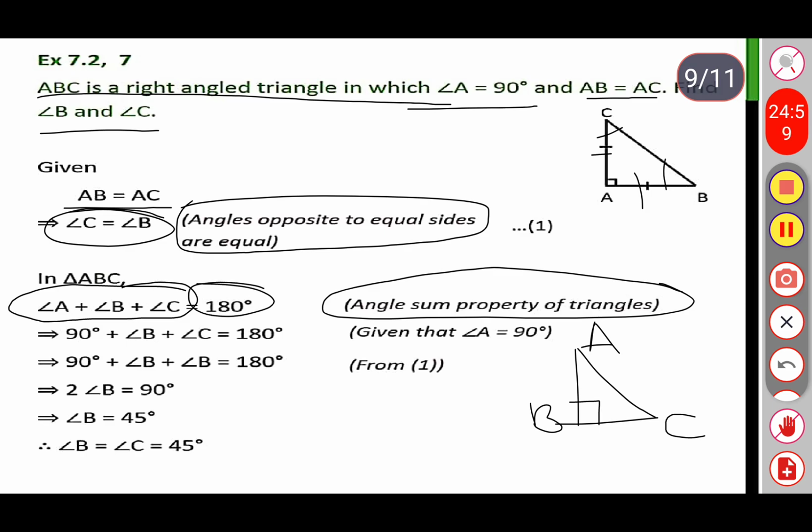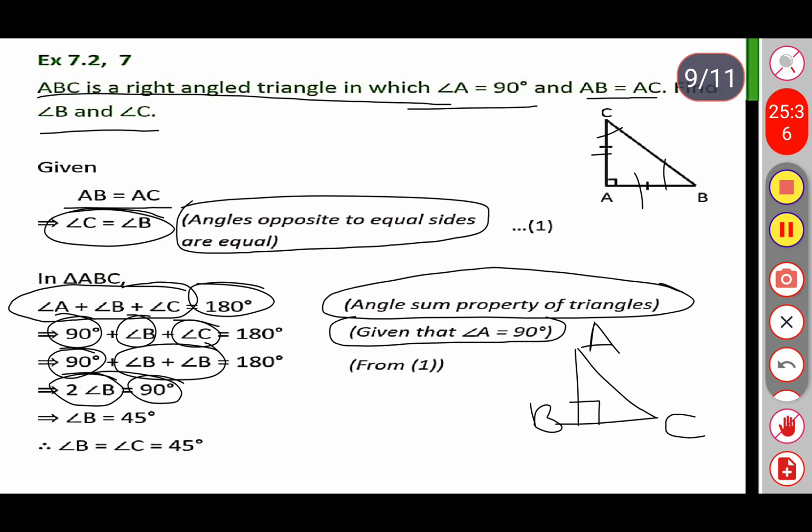In that, angle A is already given, that is 90 degrees, and the remaining two angles, angle B and angle C, are equal because these two angles belong to the isosceles triangle ABC. Therefore 90 degrees as it is, plus angle B plus angle B. Angle B and angle C are equal, that's why we consider angle B and angle B. Therefore 2 times angle B, just take this 90 to the RHS, so 180 minus 90 is 90 degrees.